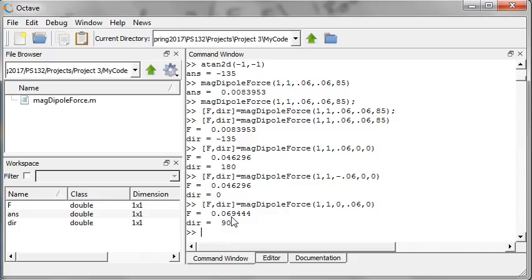It's saying it's stronger when they're side by side. Roughly 0.07 versus 0.05. So I think I'm going to assume I was wrong about which way it is stronger. So they repel more strongly when they're side by side like that than end to end.